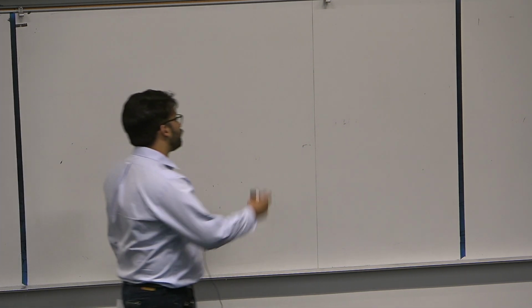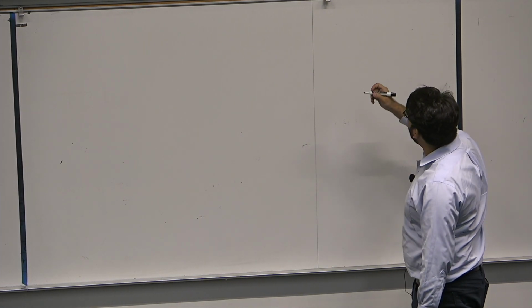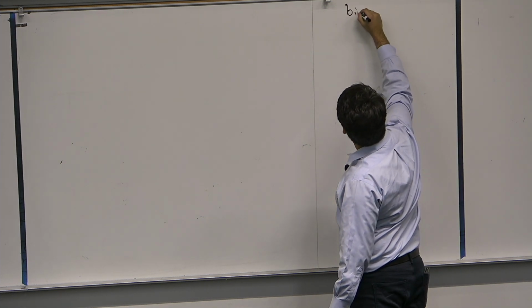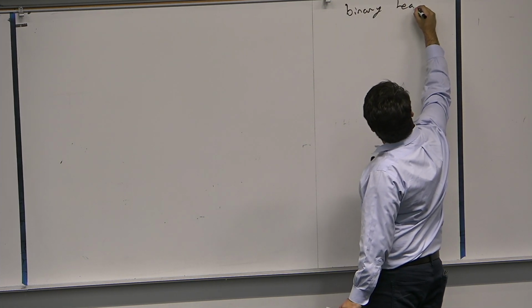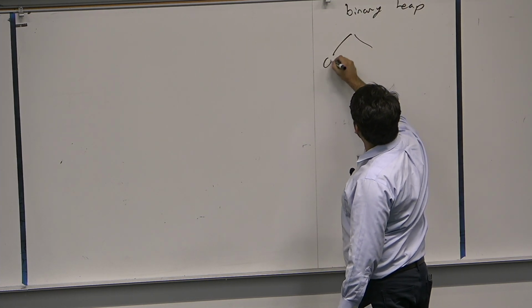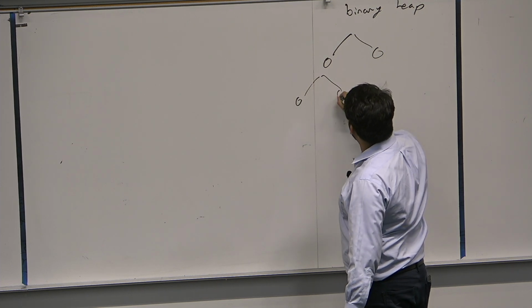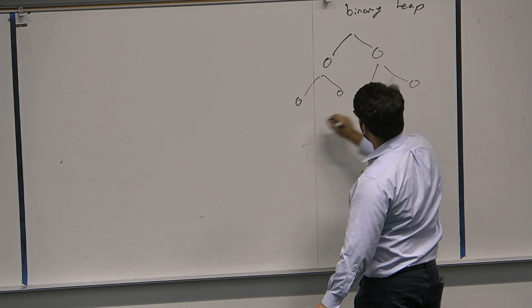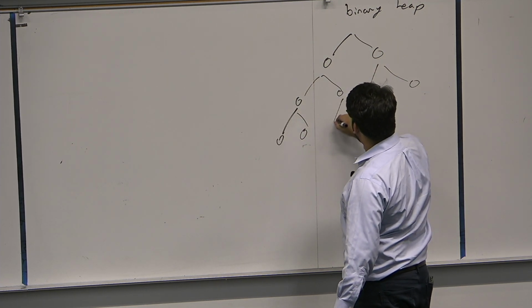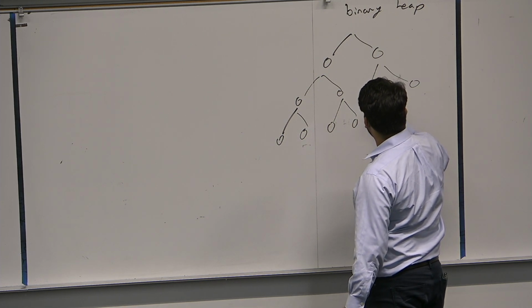So recall how we're going to support the operations of a binary heap. A binary heap, instead of considering the elements in some unsorted way, keeps the elements in a nice, as full as possible binary tree.